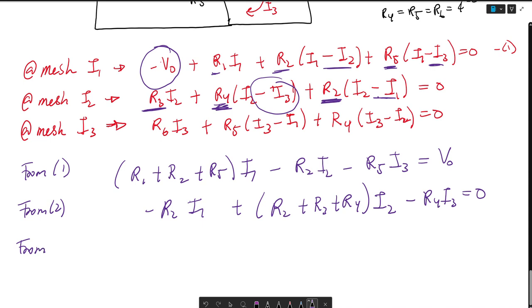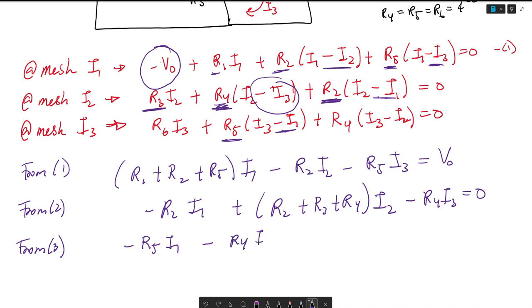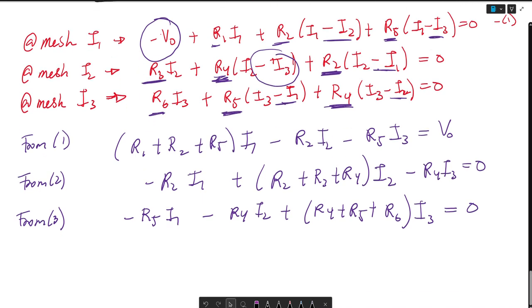And then last but not least, from equation 3, we're left with minus R5 I1. This is coming from here, I1, minus R4 I2, again here and here, plus R4 plus R5 plus R6 times I3, which is equal to 0.